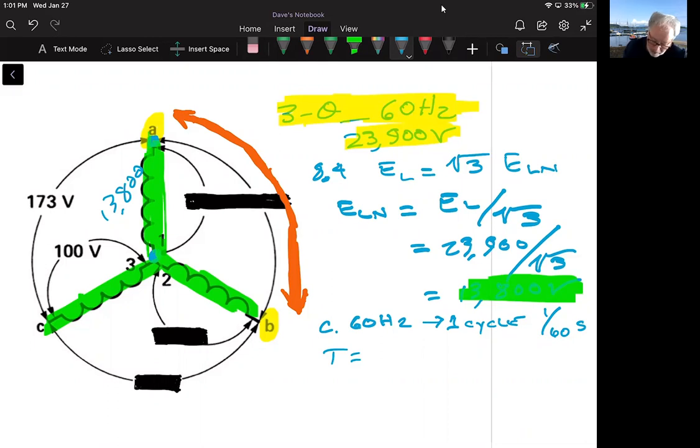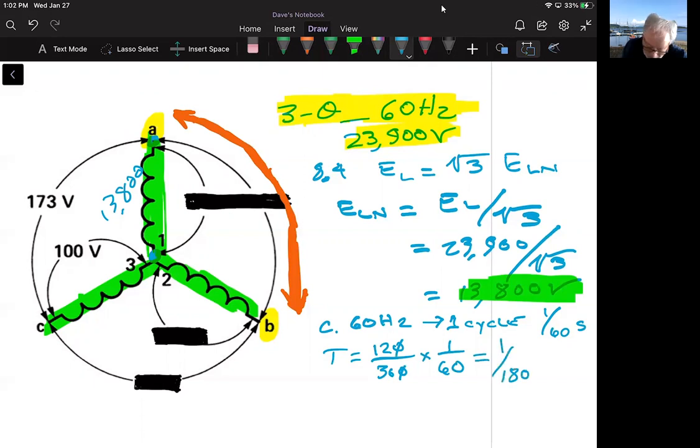So if I wanted to know what portion 120 degrees is of one cycle, I could just say 120 over 360 times that time of one cycle. And you can see that this is basically a third of that, right? Working that out, I end up with 1/180 seconds. And that comes out to be 5.55 milliseconds, the time for that peak to occur.